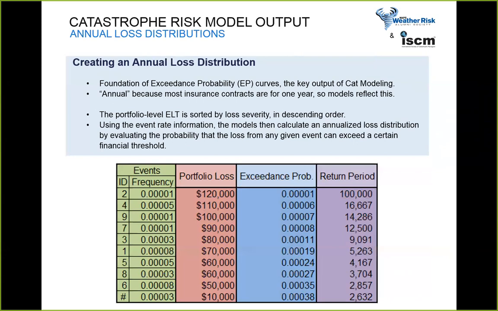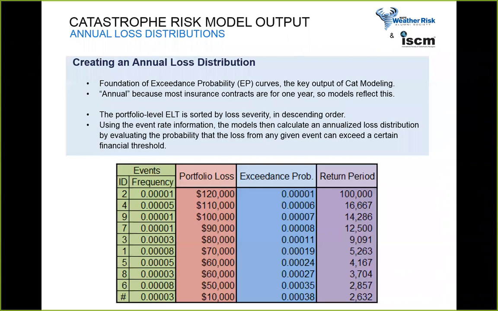I've just taken in this table the portfolio losses you saw on the last slide, but sorted them with descending loss. After this is done, using the event rate information here, which I have labeled as frequency, which is not quite right, I apologize, you can then calculate the annualized loss distribution by evaluating the probability that the loss from any given event will exceed a certain loss threshold.